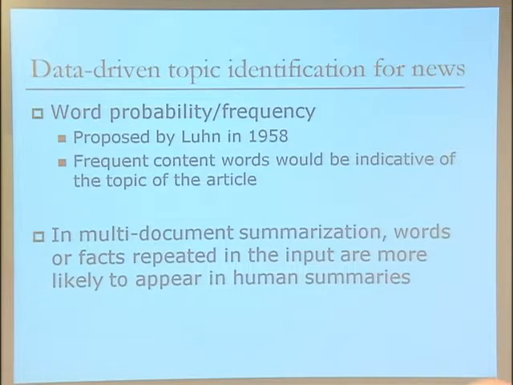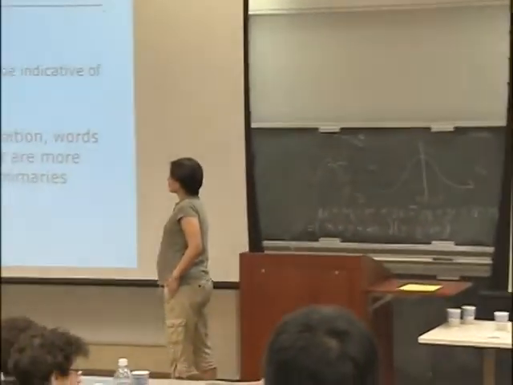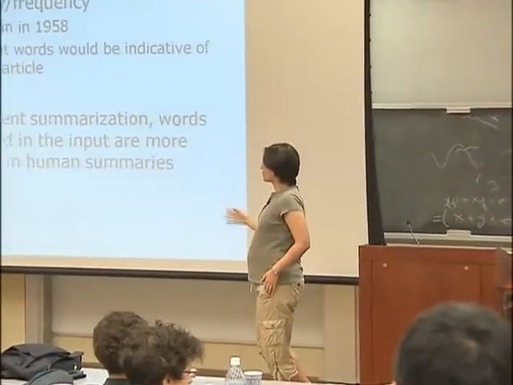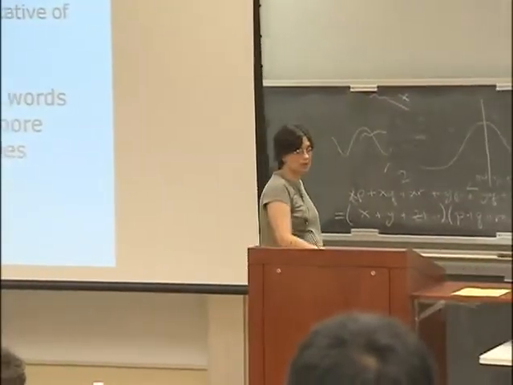And in multi-document summarization specifically, there have been studies that show that indeed frequency, both within an article and across the different inputs, are very good indicators for informativeness. So sentences that are repeated or information that's repeated across the input would often end up in human summaries.